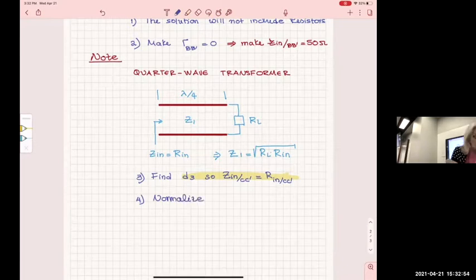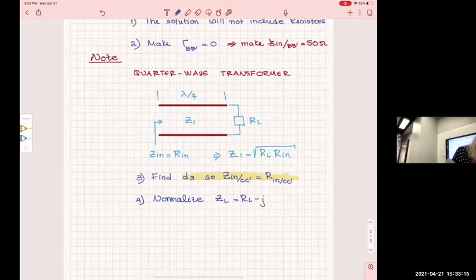Practically, the only impedance we have to normalize is ZL, which is RL minus j 1 over omega CL, since it's a capacitor. I know RL, I know CL. Therefore, I have to find omega CL.